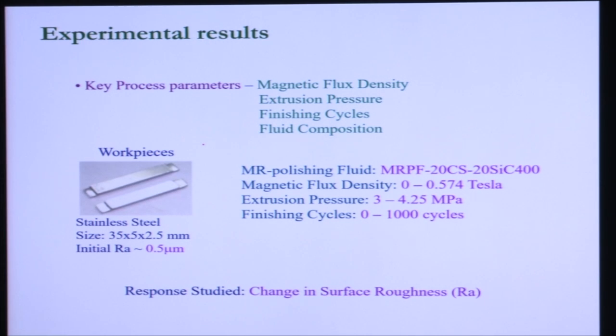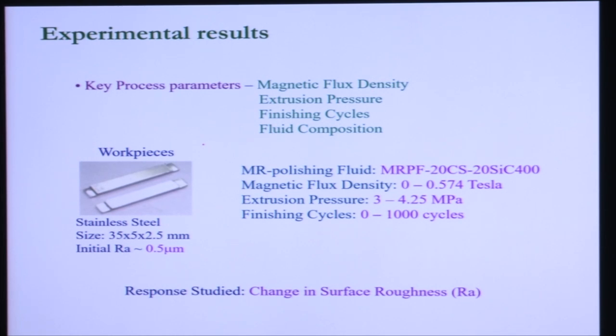Extrusion pressure we have considered from 3 to 4.25 megapascal, or 30 to 42.5 bar. Finishing cycle we have considered 0 to 100 cycles. These are the main parameters with their ranges.